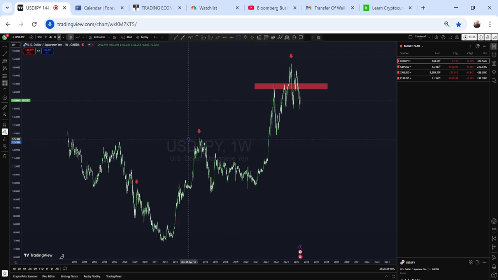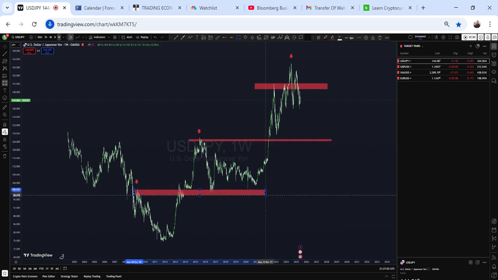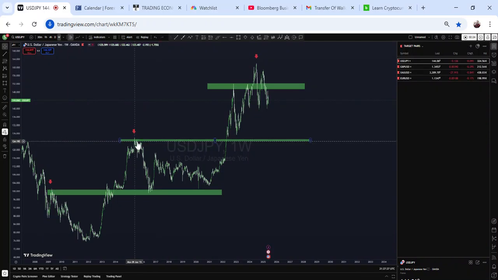This is a key area where price is trapped. Price was trapped at this level.